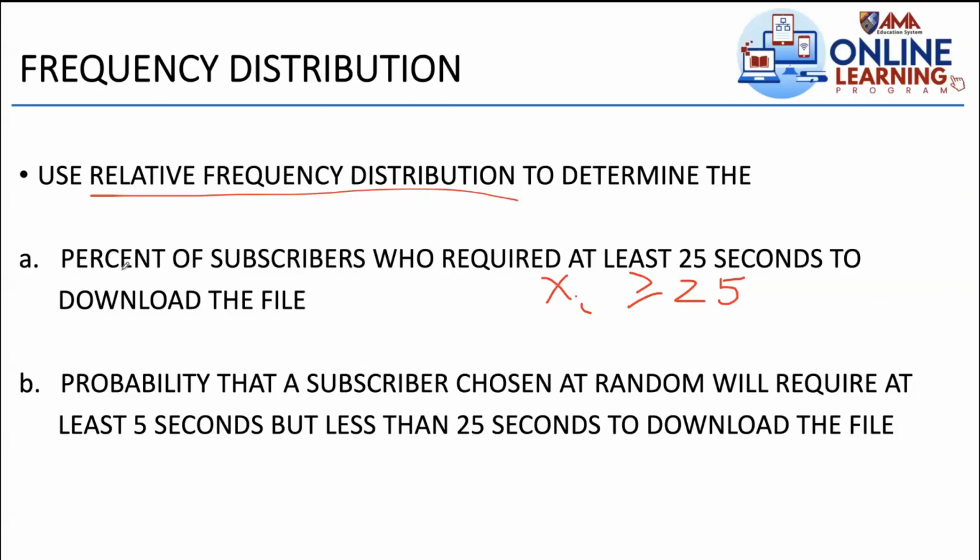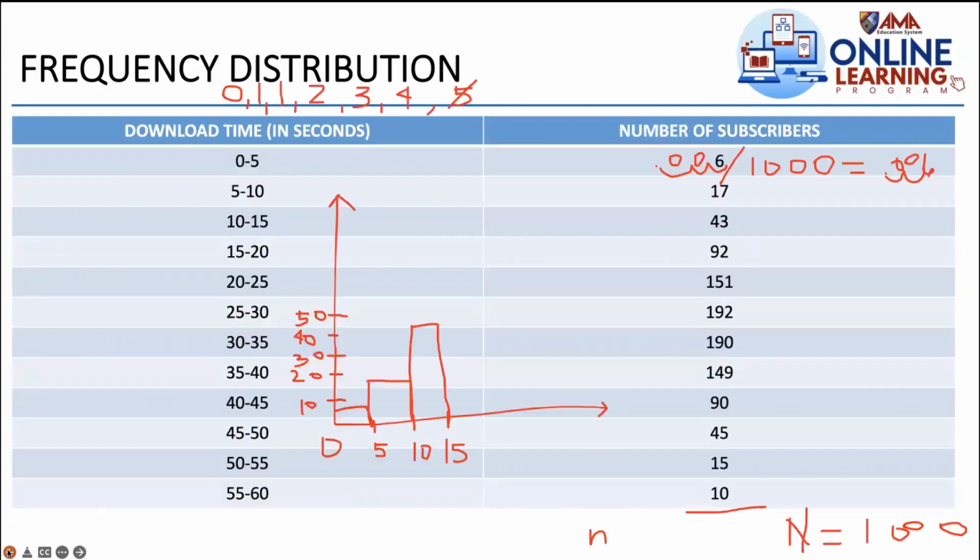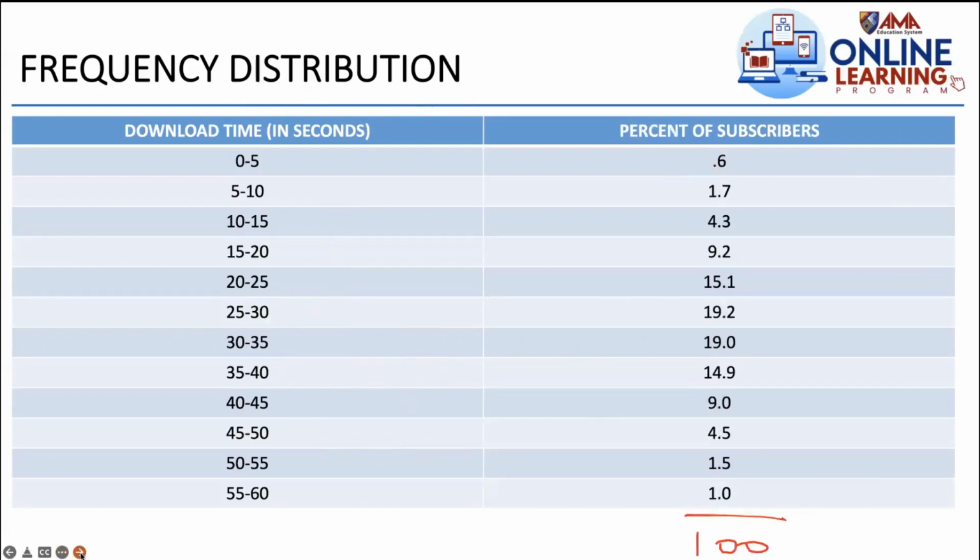In raw data, as in raw, that's what you will get, meaning the ones in the frequency distribution table, which come from the raw data. But what we want here is not that. Instead, it's the percent.